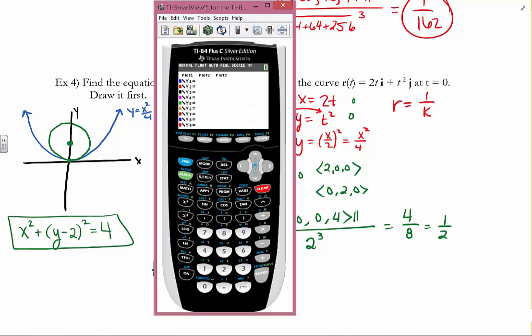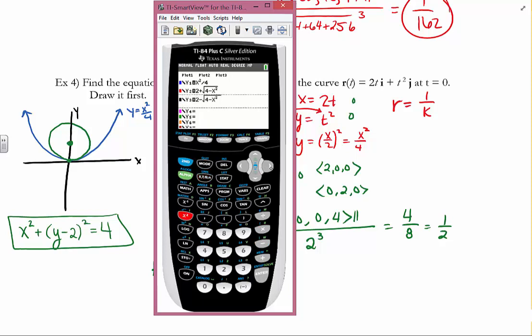So if I pull a calculator up here and I do y equals, my first curve is y equals x squared over 4, and then my circle is going to be 2 plus the square root of 4 minus x squared, and then 2 minus the square root of 4 minus x squared.